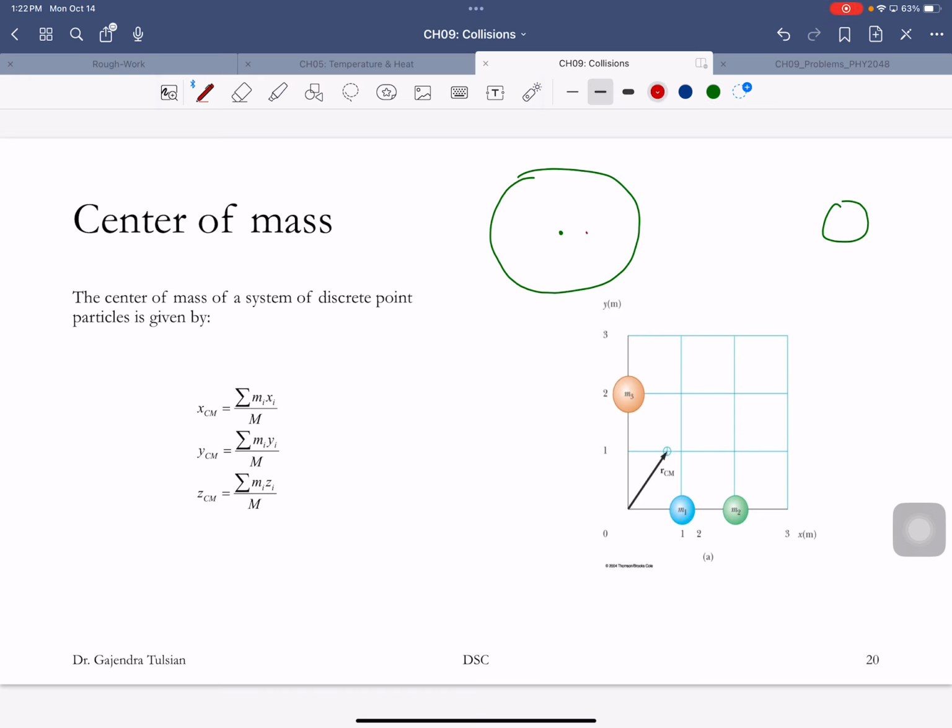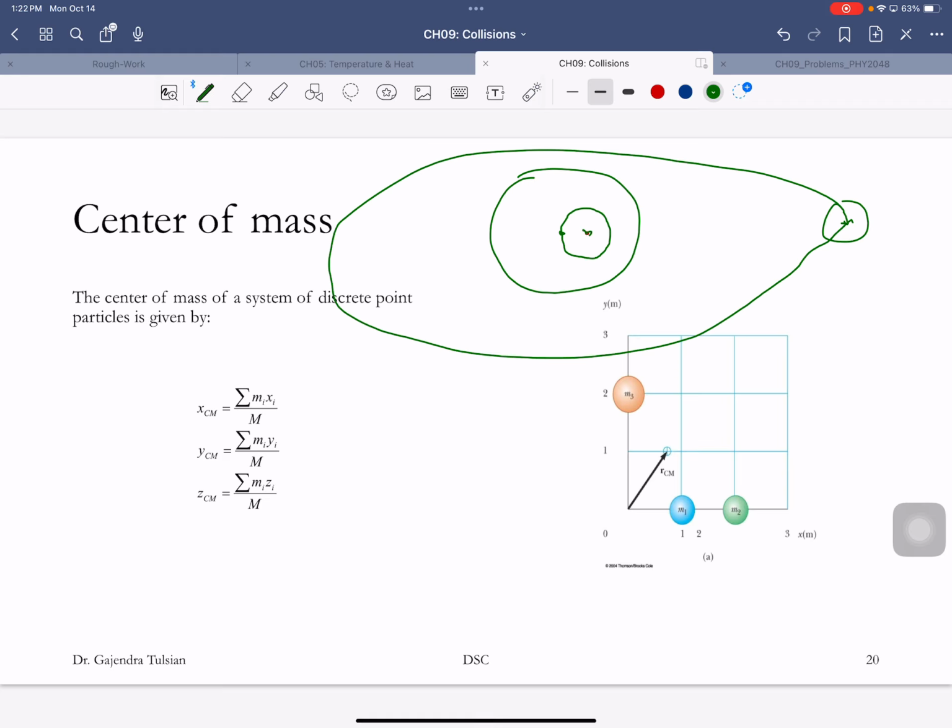Now I'm talking about the solar system only with the Earth and the sun. So there's the center of mass of the Sun-Earth system. So really, they're going around the center of mass. So the sun is making this circle, and the Earth is making that circle. So this is the center for both the circles.